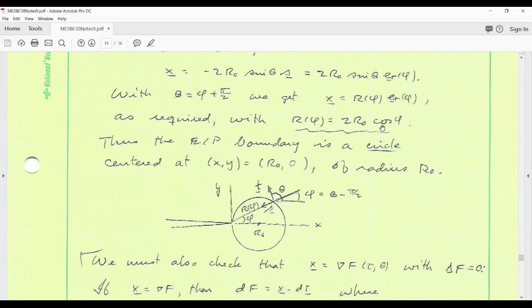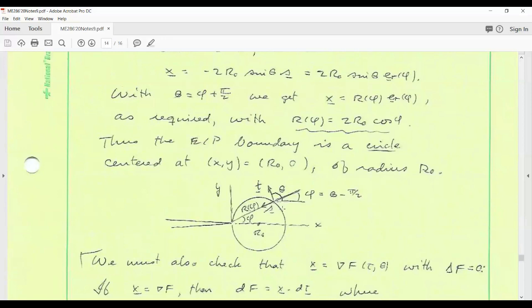This is the equation of a circle, although we're measuring radius from here. It's a circle centered at R0, okay? So when phi is pi over 2, for example, the radius is down here at 0. When phi is 0, the radius is twice R0. You can verify that everywhere, for other values of phi, you get this circle.